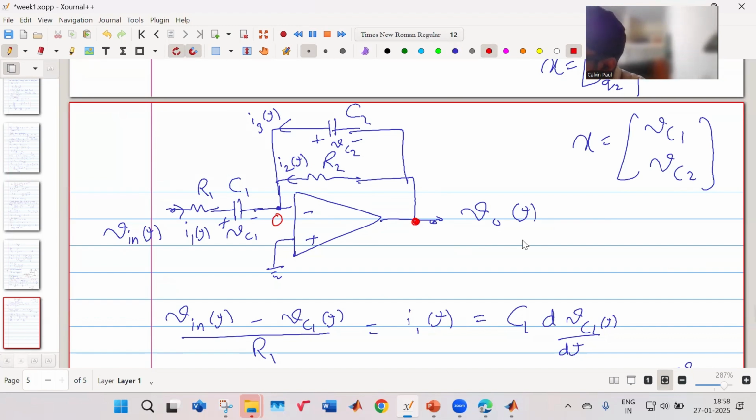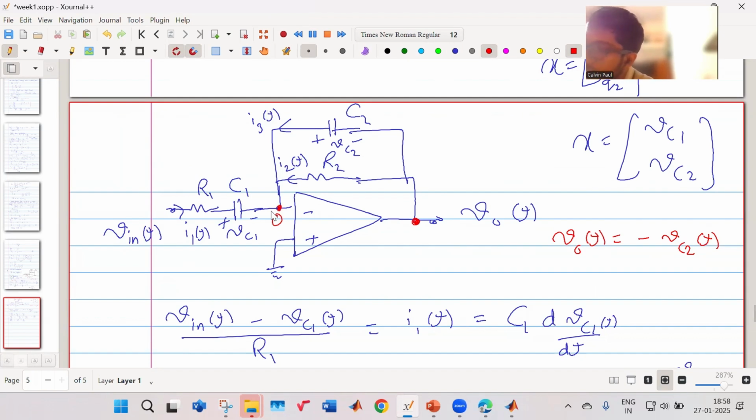If you observe, my V output of t is equal to minus Vc2 of t. They're in opposite polarity, so my output voltage is the negative of Vc2 of t. Now we have to find what is this I2, what is this I3, what is this I1.